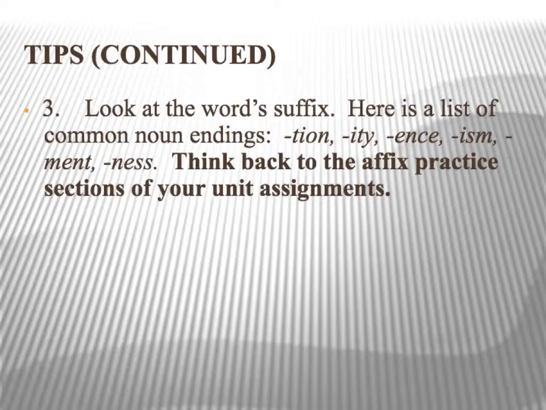So let me give you just a few examples. Plantation. And this could be any variation on this too. An S-I-O-N, a C-I-O-N would work the same way at the end of a word.